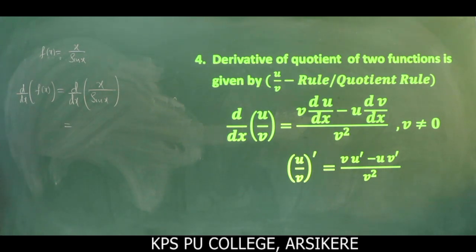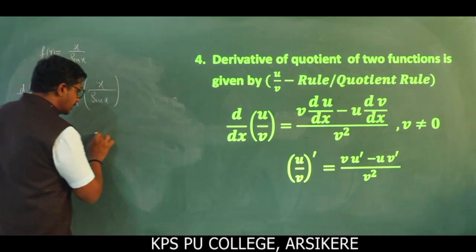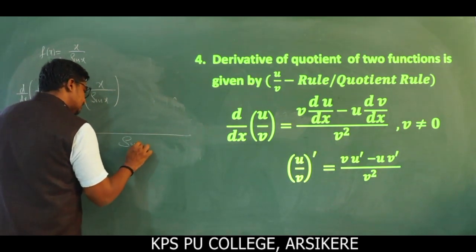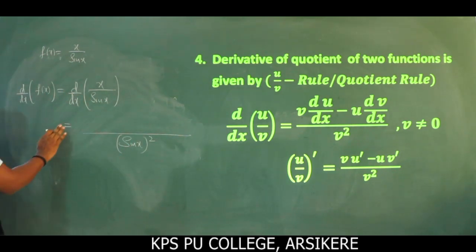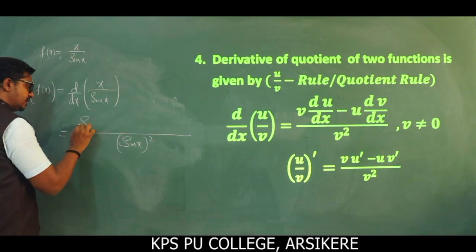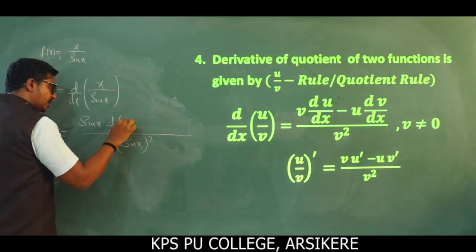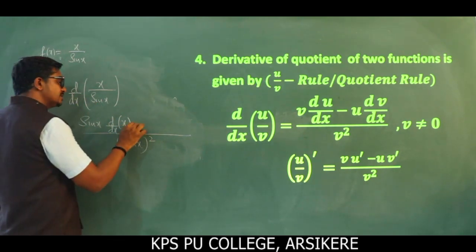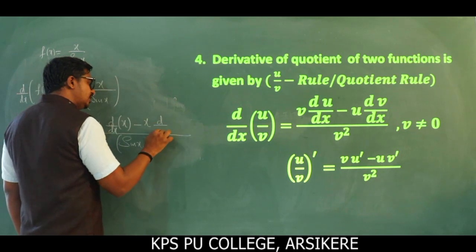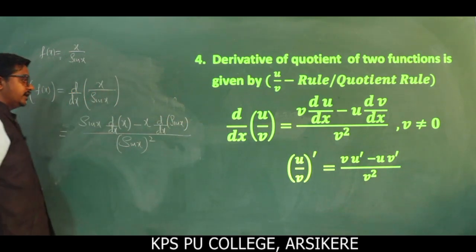So just observe here, the numerator is x, the denominator is sin x. First you have to write sin x whole square. When it comes to the numerator, sin x into d by dx of numerator x, that is d by dx of x, minus x into d by dx of sin x.